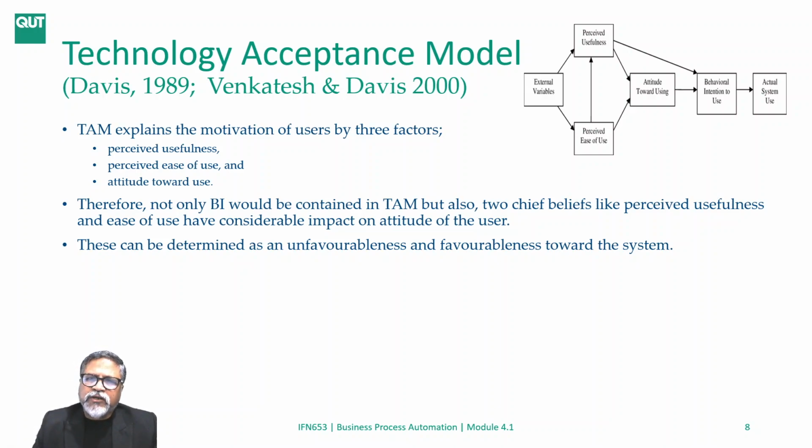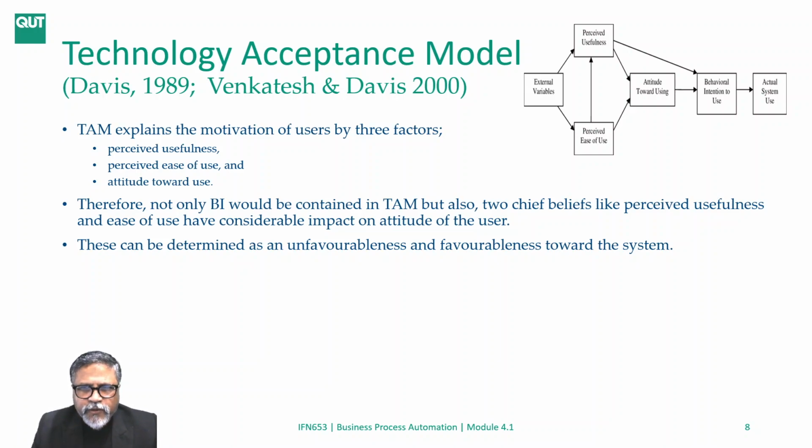So if you look at the model, we have external variables which are contextual variables. So this model actually includes contextual variables, which are very important, which was the weakness in the previous models. It states that external variables have influence on perceived usefulness and perceived ease of use of technology, and perceived ease of use also influences the perceived usefulness of a system or a technology.